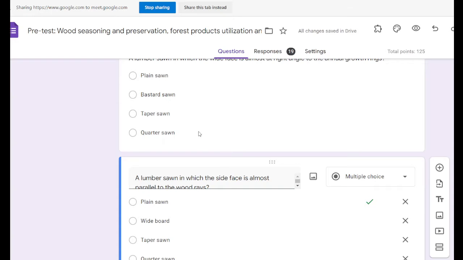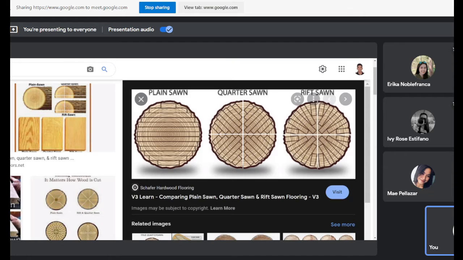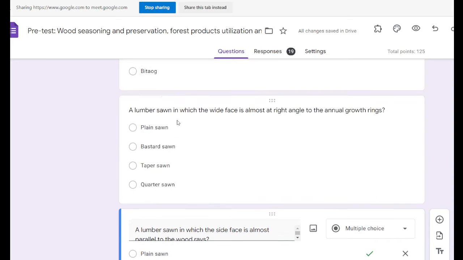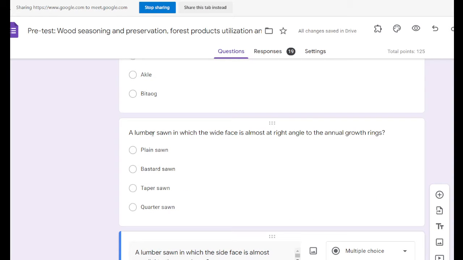Yes, sir. Right. So, ang kalainan nila sa plain zone and quarter zone. As you can see, ang first reference na to sa question katong una, a lumber in which the wide face is almost at right angle to the annual growth rings.